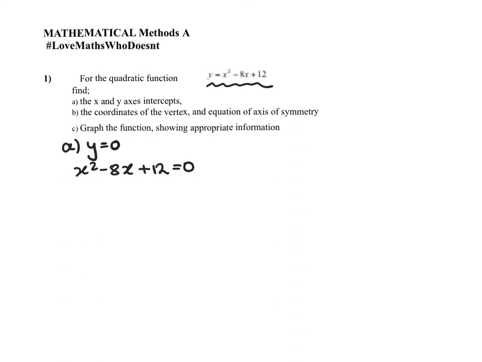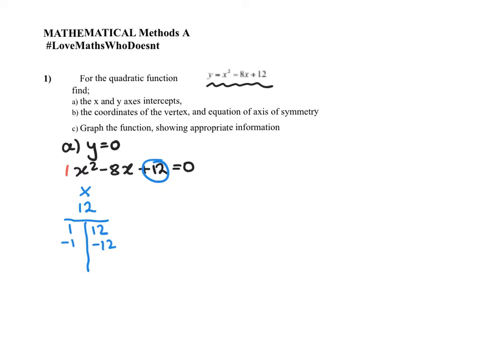As the coefficient of x^2 is 1, we are only interested in the constant value, which is positive 12. We are looking for two numbers that multiply to give 12, so pretty much the factors of 12. There are a few, like 1 and 12, or negative 1 and negative 12.